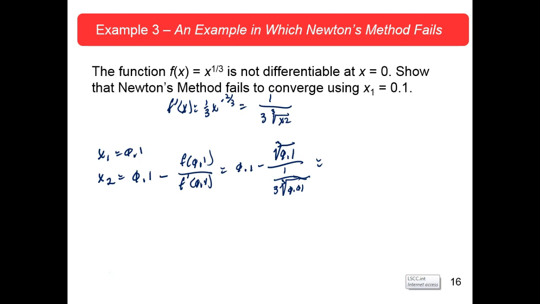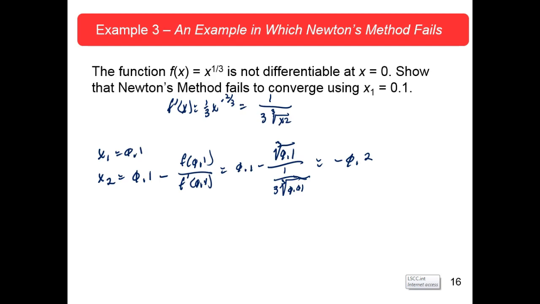Anyone got it? Negative 0.19999. Okay, they do 0.2. I'll just take their word for it.